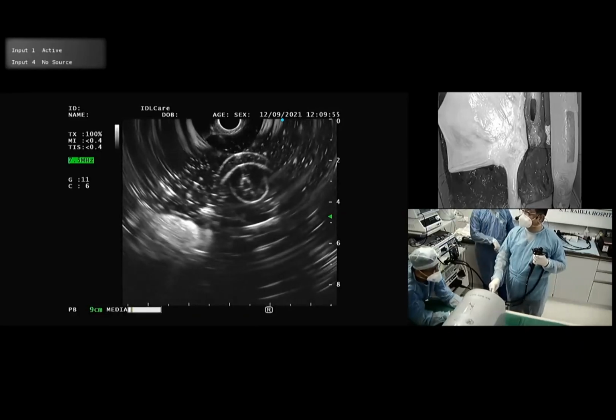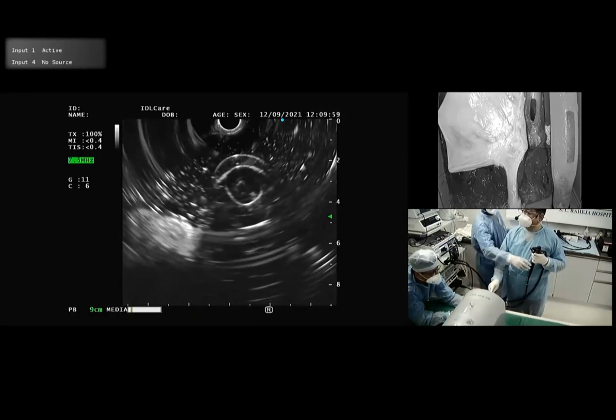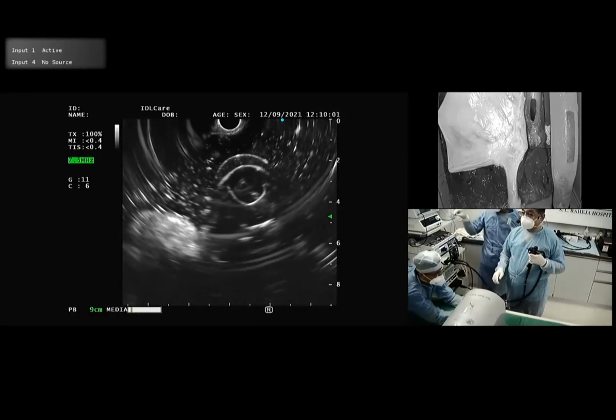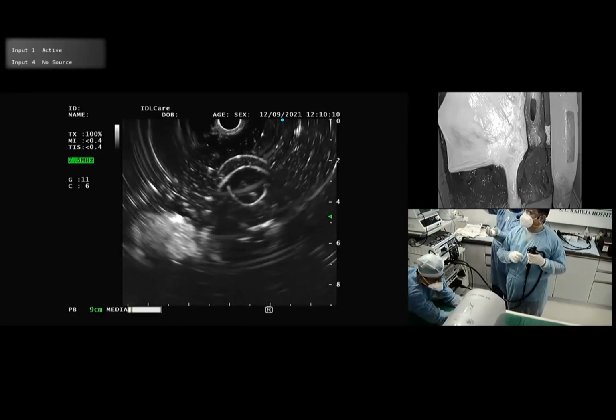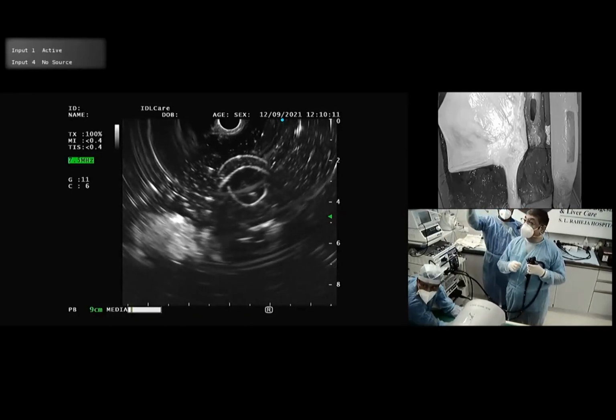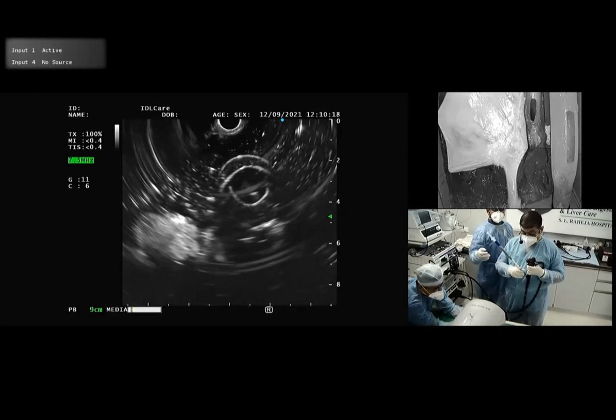Once you are satisfied with that, you can puncture. So I am using a 19 gauge needle. So it is important to learn basics of how to keep the scope position, how to get a good scope position, and what works here.